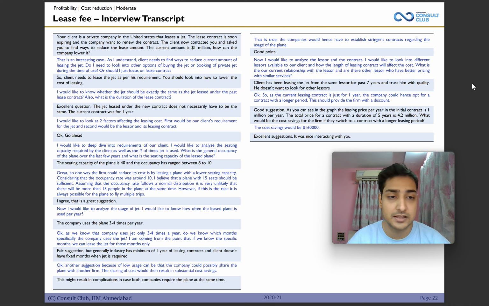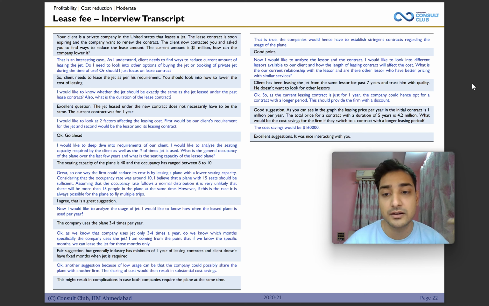Other concepts explored: can we specify where exactly the need of the client is and then tune our contract only to justify those needs, such as leasing for particular months, or sharing the plane when the plane is not being used.